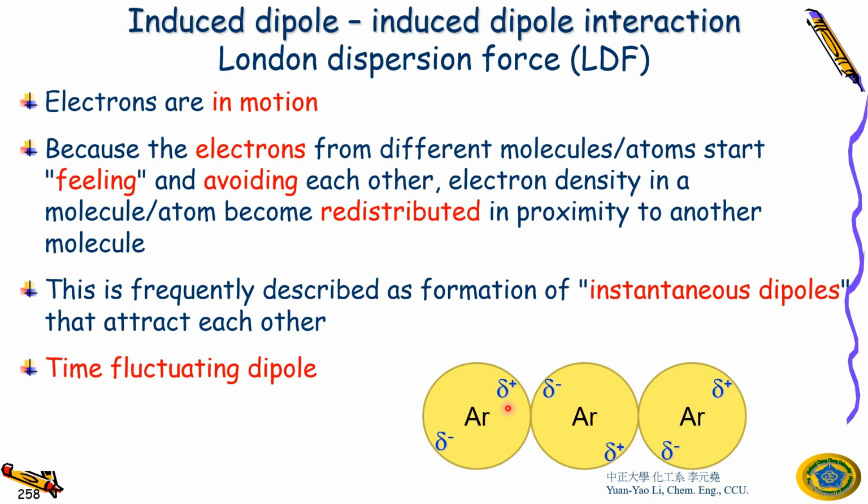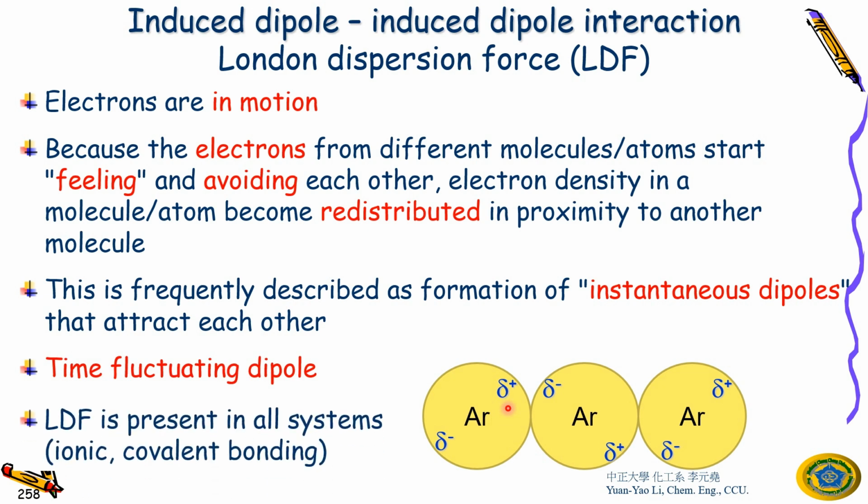So the time-fluctuating dipole, the LDF, is present in all systems. You can see this in any case, but because the bonding is very weak, you always neglect this kind of energy. But this exists, present in all the systems.